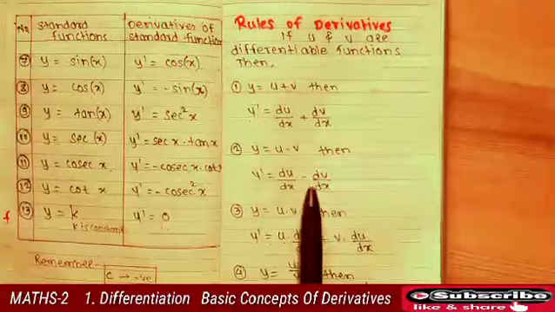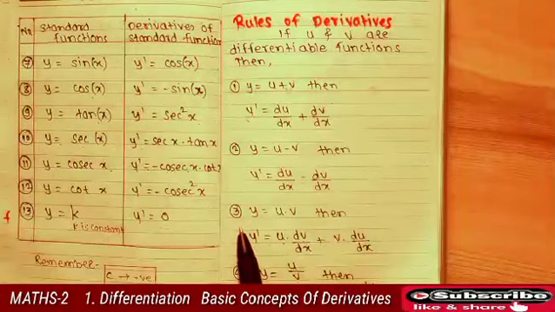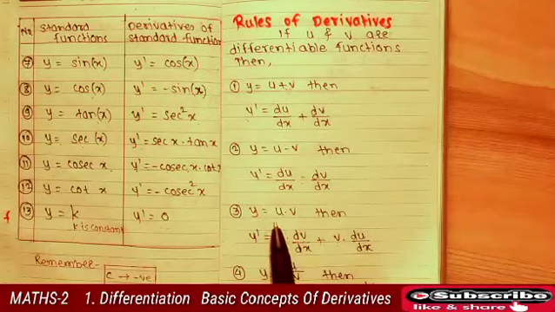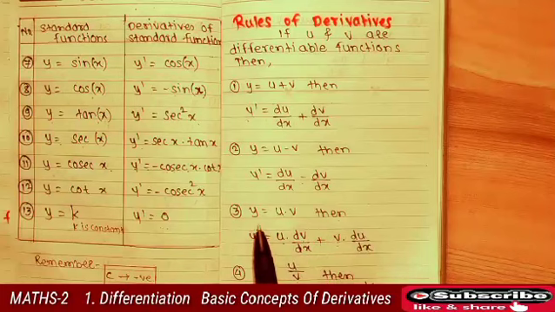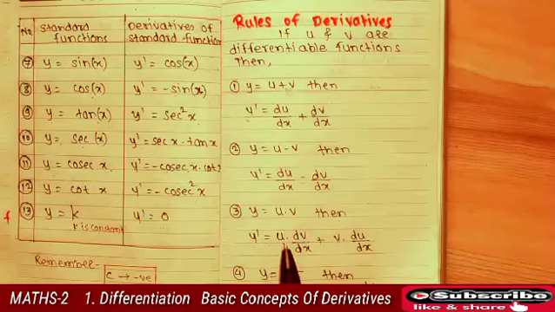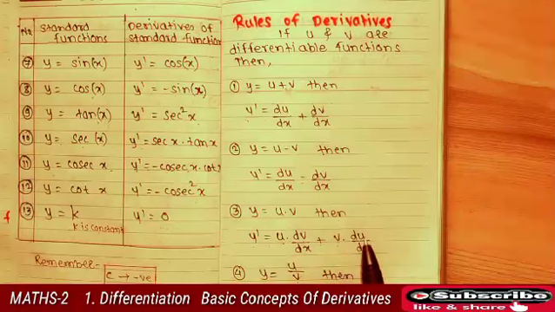Now the third important formula, if your function y equals u into v, that is, y is a function of two multiplicative functions, then its derivative y dash equals u into dv by dx plus v into du by dx.